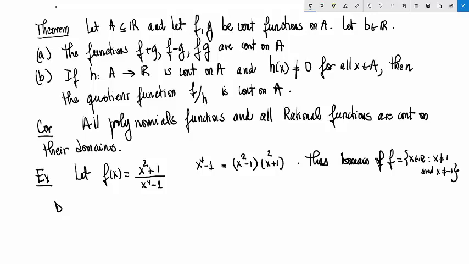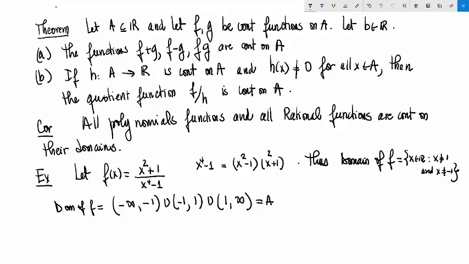So we can regard the domain of f as minus infinity to minus 1, union minus 1 to 1, union 1 to infinity, and let's call this set here A.